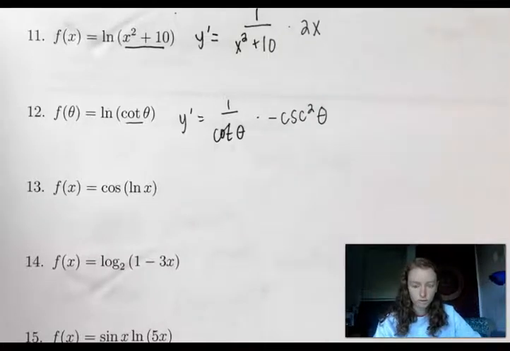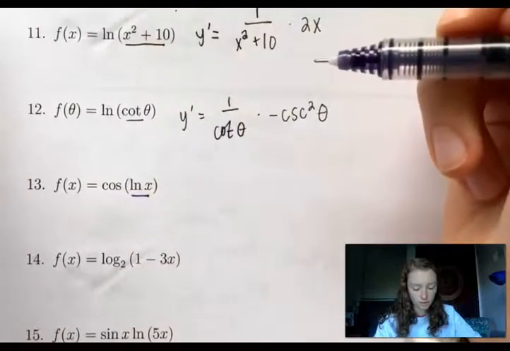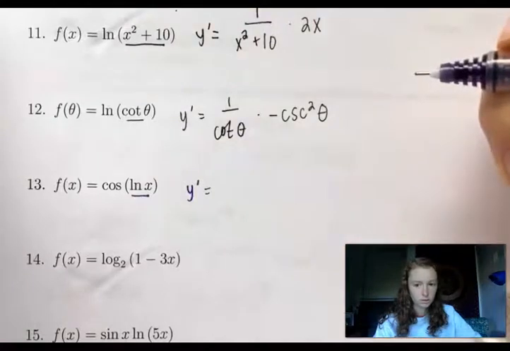So for 13, this is the same, but the ln of x is inside the function. So you use the chain rule. So our inside is ln of x. And then just remember the derivative of cosine is negative sine.